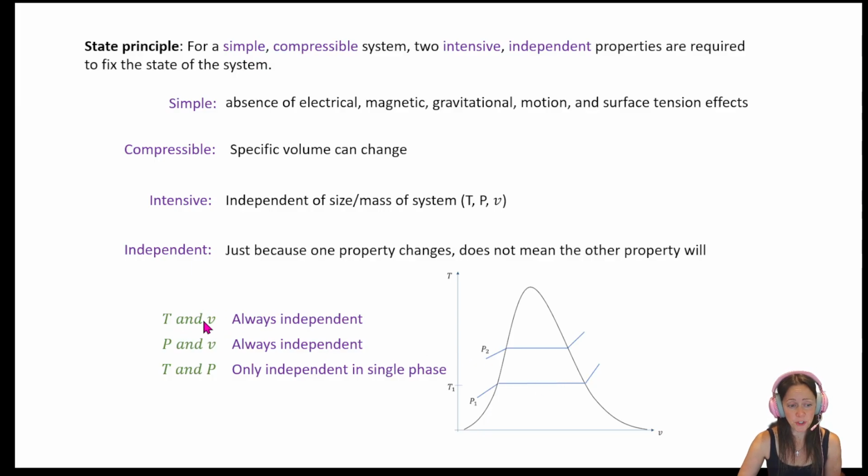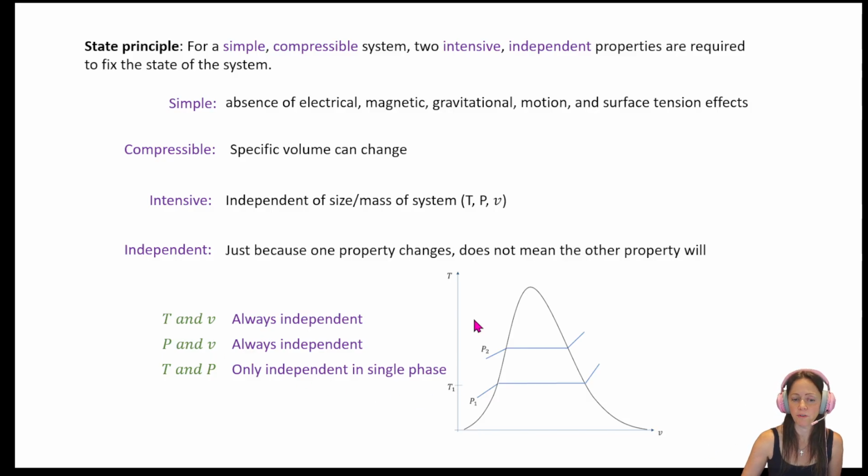Let's look at temperature and specific volume, and pressure and specific volume. So let's look at the top one. If I knew that I was at this temperature and this specific volume, I'd go look at that coordinate. Oh, I'm two-phase. If I knew the pressure and the specific volume, let's say I'm at P2.